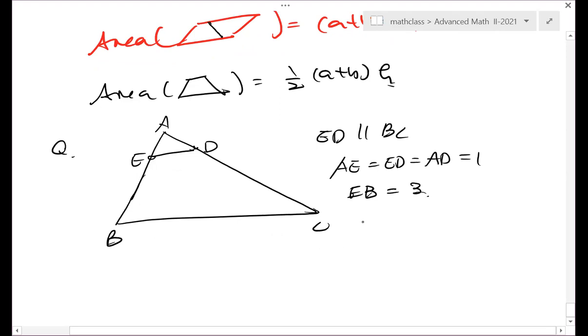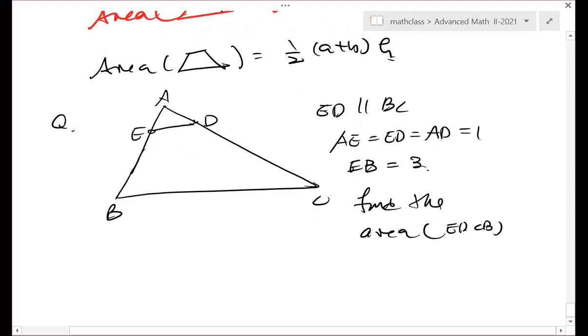We want to find the area of the trapezoid EDCB. To find that, you just need to find the area of the whole triangle, then you take a difference.